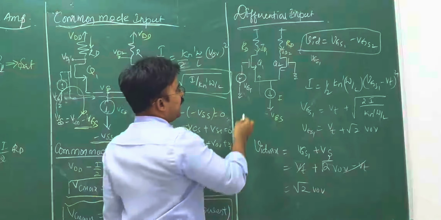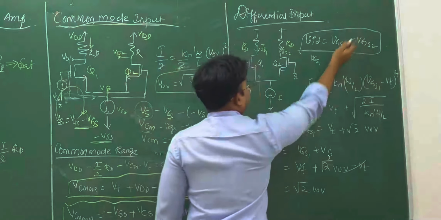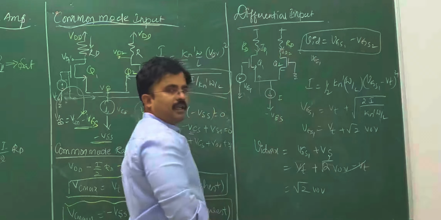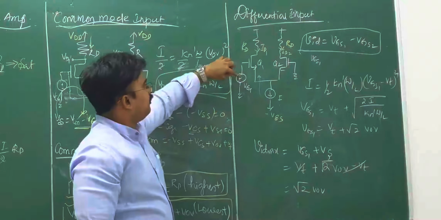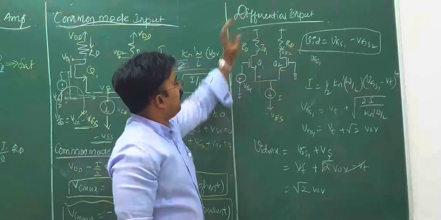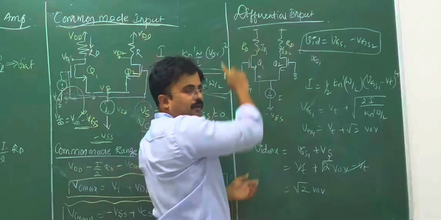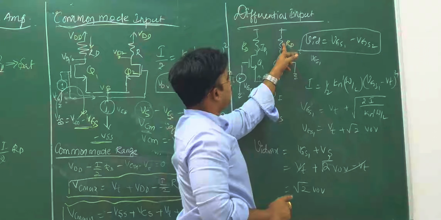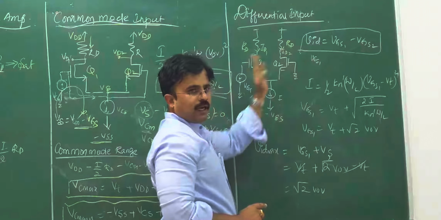Now when VGS2 is increased, the current through this transistor increases and the output will be towards the negative side. When VGS1 is increased, output will be in the positive direction; when VGS2 is increased, output will be towards the negative direction.